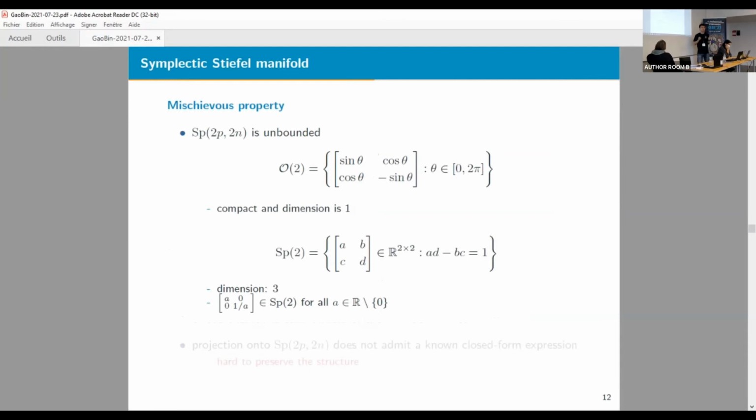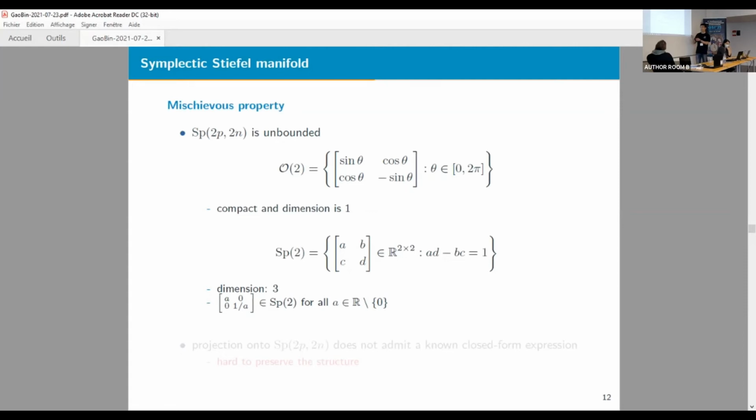You know that an orthogonal matrix is obviously bounded, but for this manifold, it is unbounded. Let's look at a very simple example. If you consider the orthogonal group here, it is compact with dimension 1.